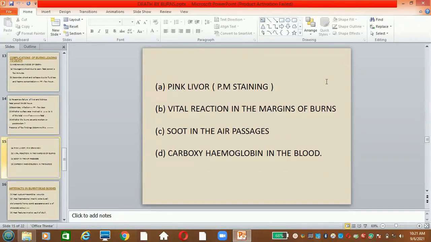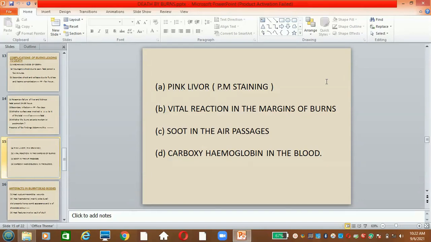In addition to that, postmortem staining is of pink color because of high level of carboxyhemoglobin. It may be there up to 70 or 80%, leading to death. As I already told you, vital reaction in the margins of the burns indicates that burns are antemortem.